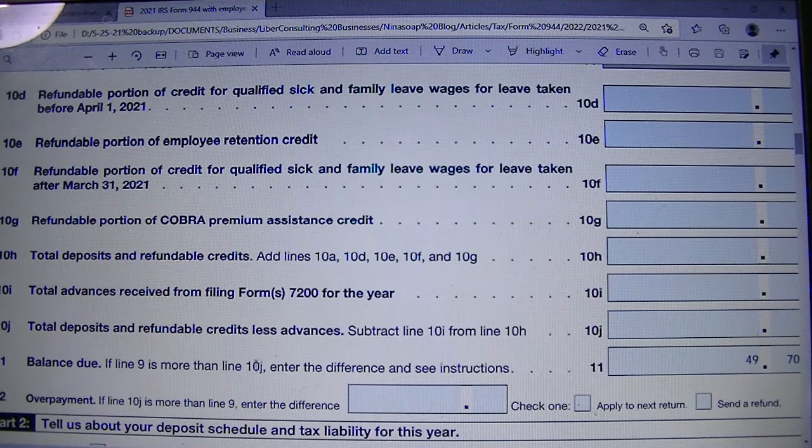If line 10J is more than line 9 for you, you have a refund. So you put your dollar amount, the difference between line 10J and line 9, in the box on line 12, and then you check apply to next return or send a refund.